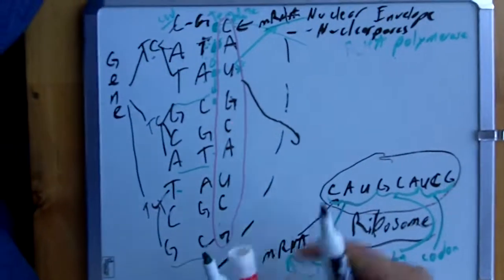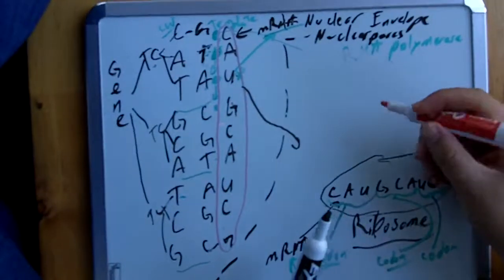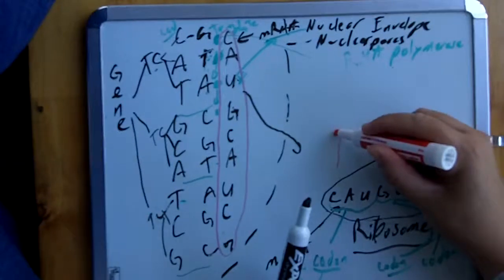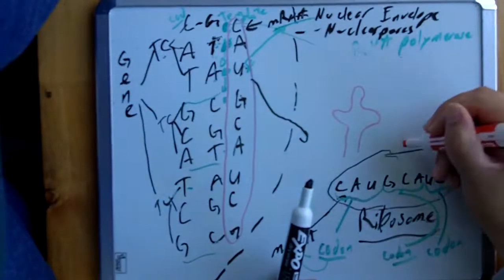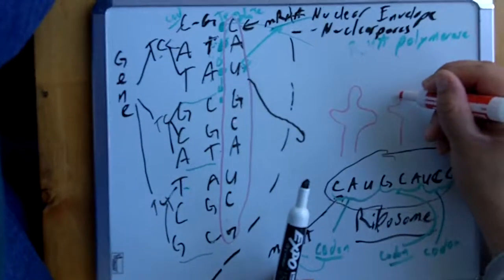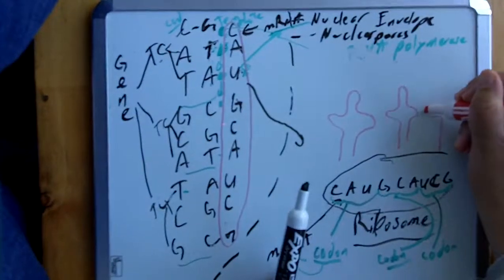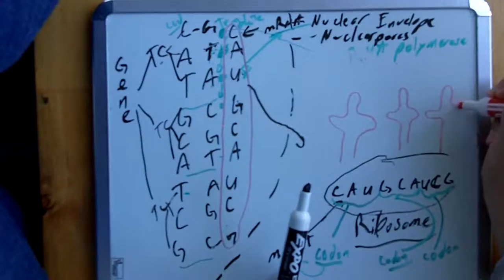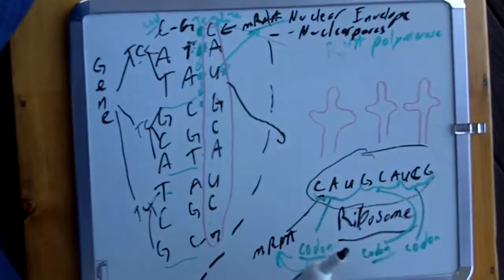Next, we have something called tRNA. So I'm going to use a different color here because this can just be more exciting with a different color. Yay, red. Now, this is a slightly different description than the way the books have it, just in so much as the picture's a little bit different. But I'm doing it because to me, it makes it a little bit easier to understand at the beginning.